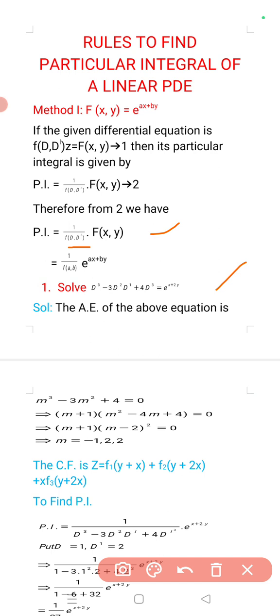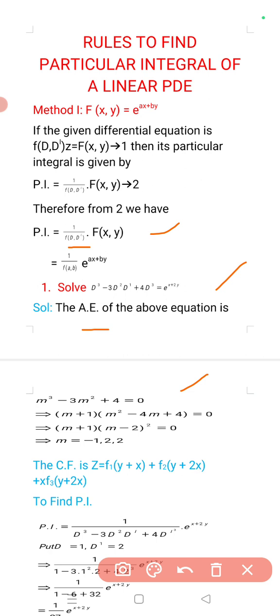In the previous two videos, I already stated how to find the complementary function of a linear PDE. In this video, I recall the things again. To find a complementary function, we first consider the auxiliary equation. Wherever D is there, you put m, and wherever D' is there, simply put 1.